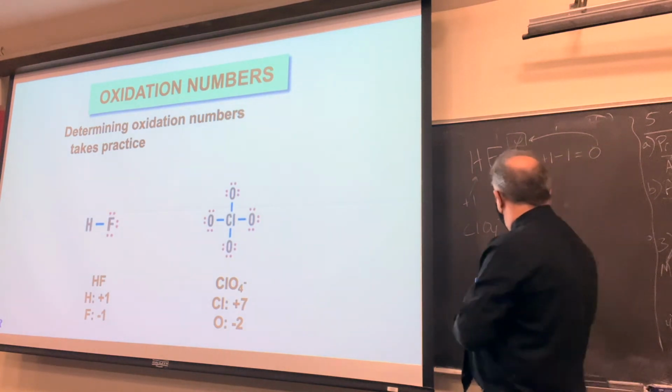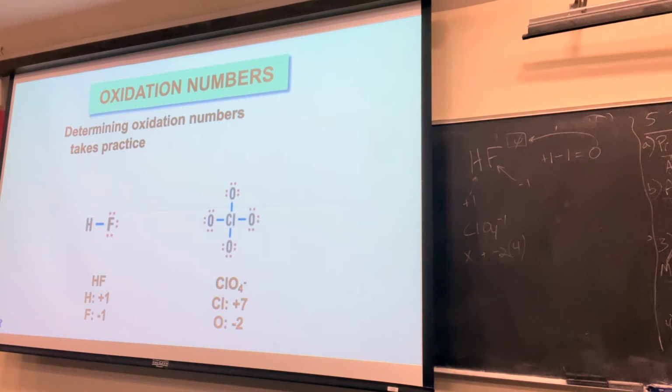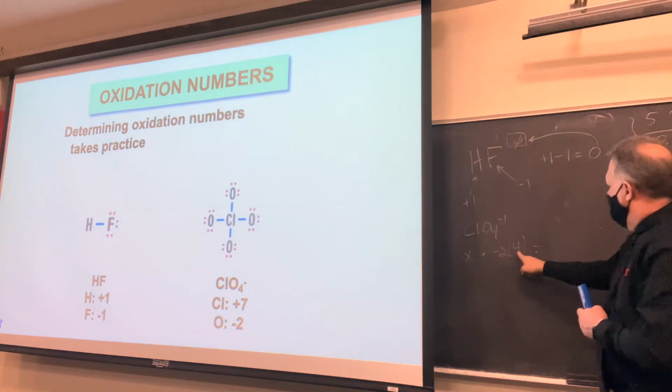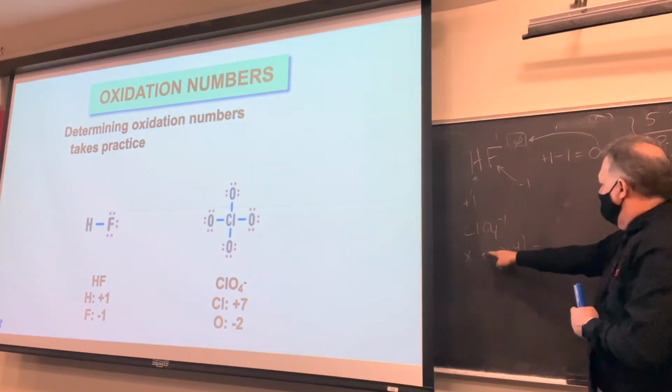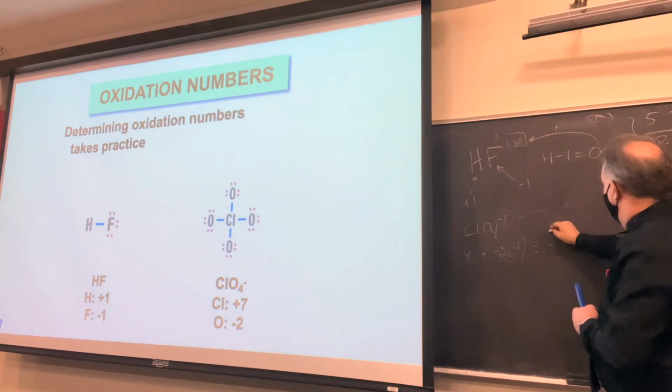Chlorine is all over the place. It can be negative 1, it can be positive 7, it can be a whole bunch of different numbers. So chlorine is my unknown here. However, the 4 negative 2 oxygens plus whatever chlorine is will equal negative 1.